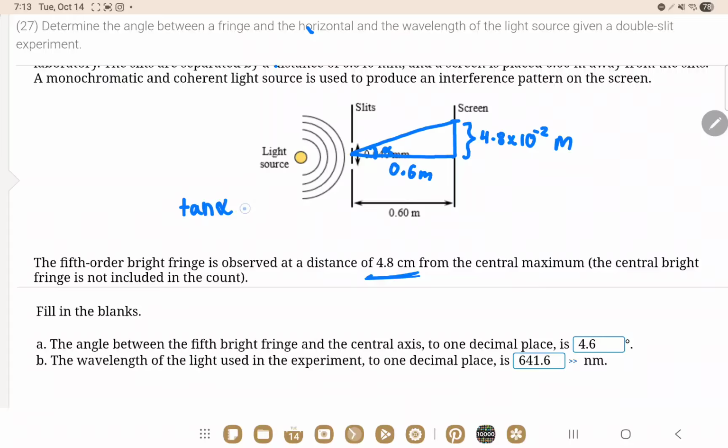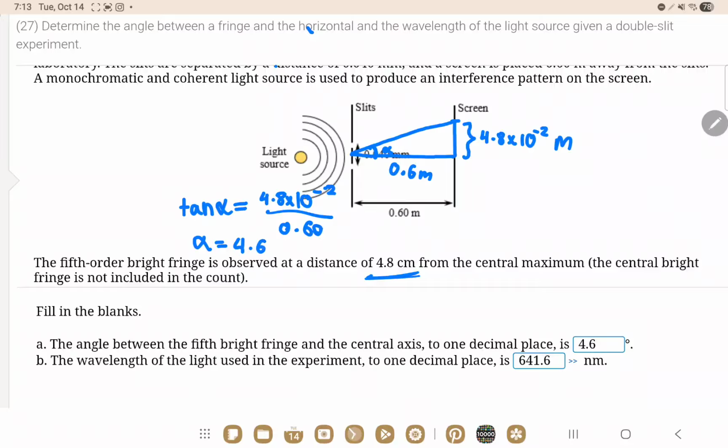We don't have to. So you do tan of alpha equals opposite over adjacent, which is 4.8 times 10 power negative 2 over 0.6. And then you get alpha is equal to, you do shift negative tan of this to get alpha, by the way, which is 4.6.